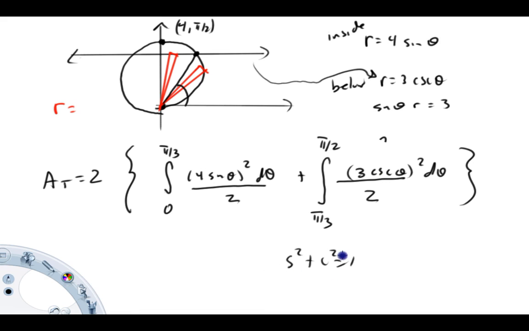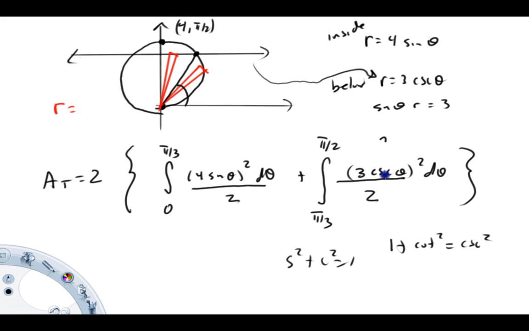If I divide this by sine squared, it would become 1 plus cotangent squared equals cosecant squared. So I think what I would do is probably rewrite this as 1 plus cotangent squared, break it into two integrals. And then cotangent is cosine over sine. I guess the u sub on that's not going to work.